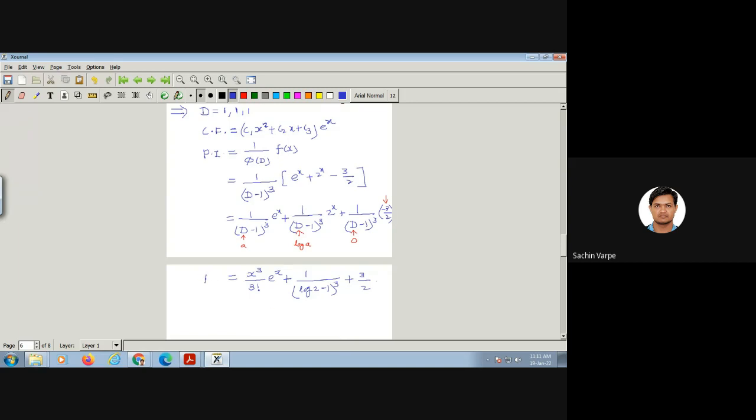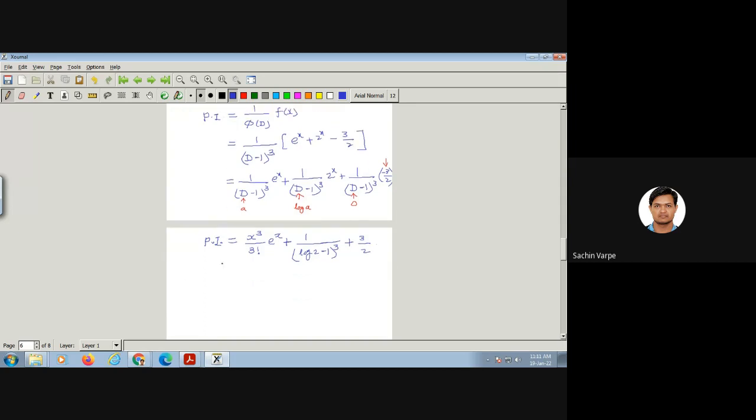So if you observe this, we have eliminated D completely, and therefore that will be a particular integral. Therefore the general solution is y equal to CF plus PI.